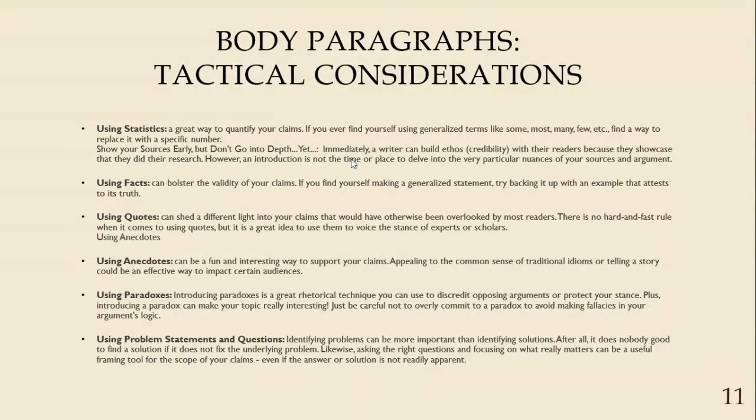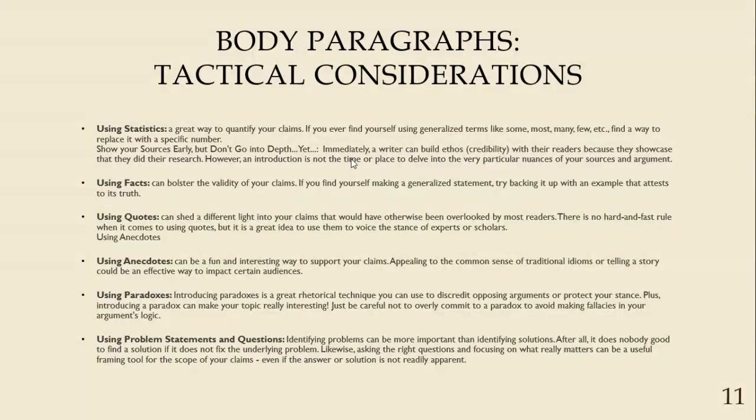So you can use statistics, a great way to quantify your claims. If you find yourself using terms like some, most, many, few, general terms like that, you could probably find a statistic on it that has a specific number. Instead of saying a lot of people die from smoking cigarettes every year, you could find the actual statistic.